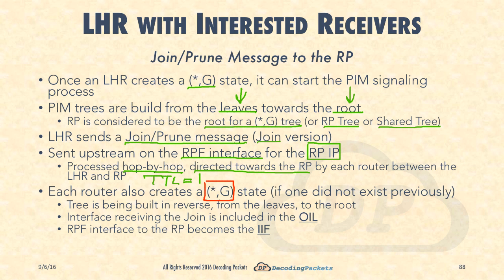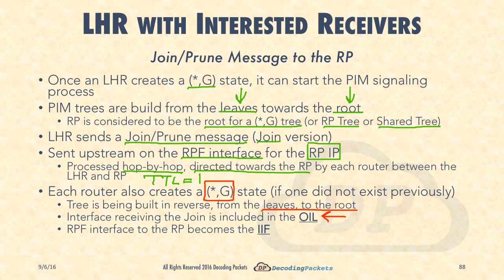You have to create a star, G tree, and the tree is really just a collection of all of the star, G states on all of the different routers. So the tree is being built in reverse. It is being built from the leaves to the root. And for that, the interface that receives the join, and we'll see this on the next slide, but on the middle hop router, so let's say the next hop to the last hop router, that interface that receives the join will be added to the OIL, or the outgoing interface list.